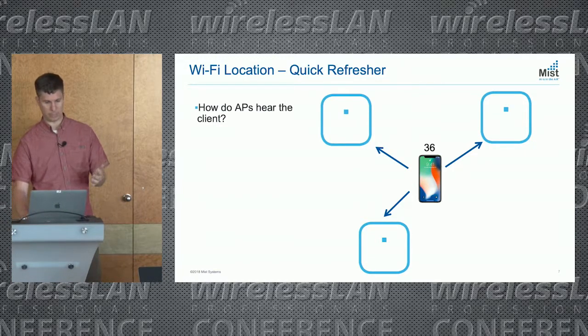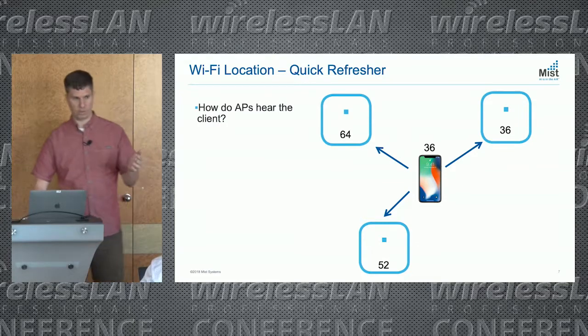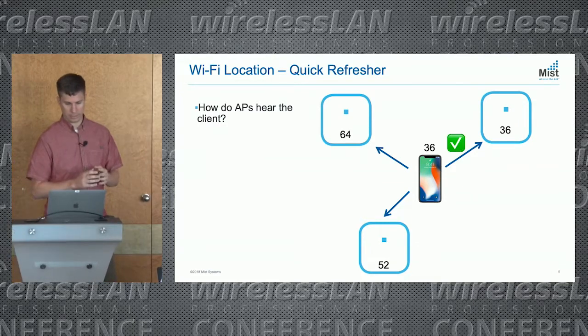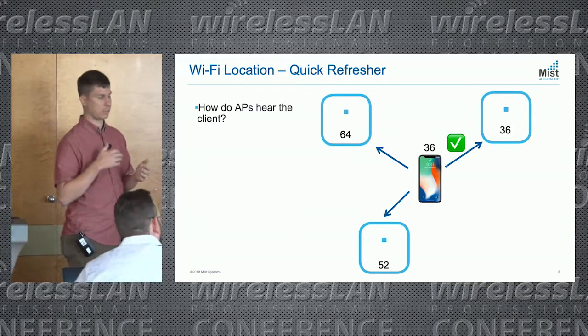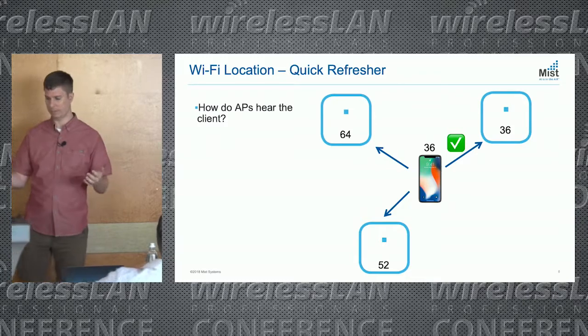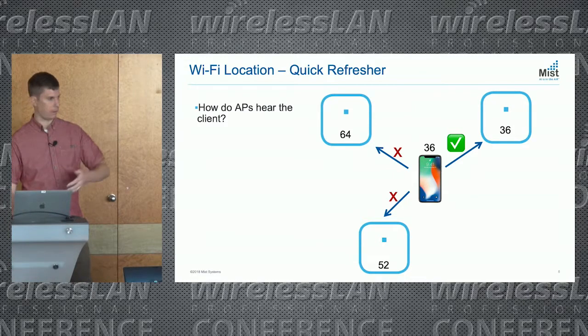Well, let's imagine our client is connected to an AP on channel 36, and our other 2 APs are on different channels. So if we're trying to locate in this scenario, only the serving AP will be able to locate the client. It's pretty simple, because our APs are on different channels.